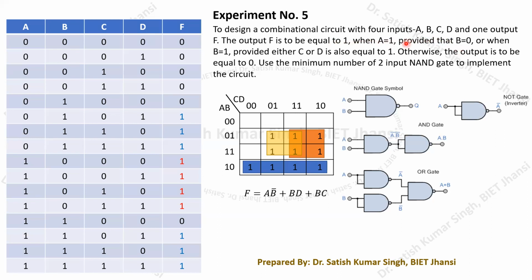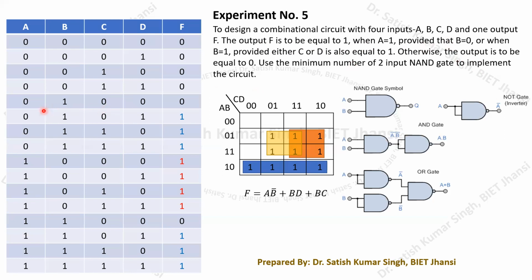The condition says that the output F is to be equal to 1 whenever A equals 1, provided that B equals 0. It has not mentioned anything about the conditions for C and D. So we are just starting with these two conditions. Irrespective of the values of C or D, this truth table should give F equals 1 whenever A equals 1 and B equals 0.